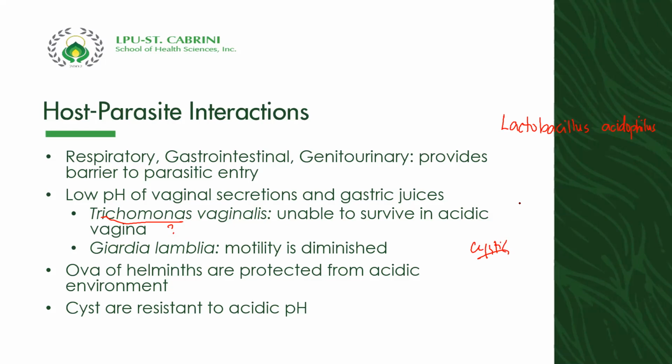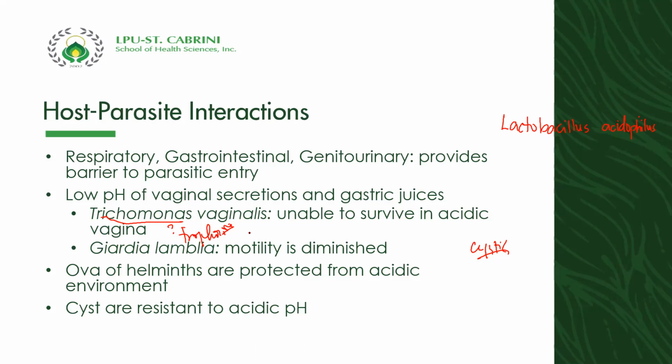So that it will be able to survive. The motility of the Giardia lamblia trophozoite can be diminished by the gastric juices. Diminishing the motility of Giardia lamblia can reduce the injury that it can cause to the host.